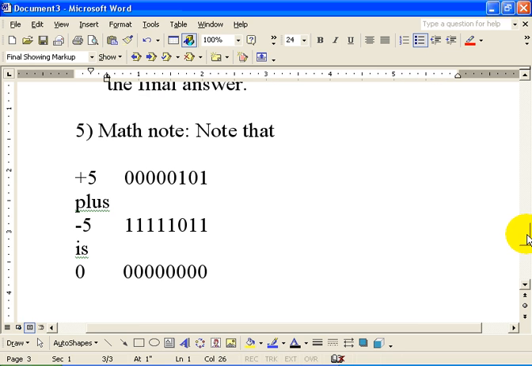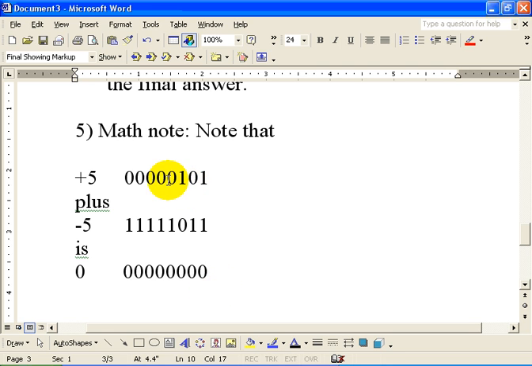Okay, as a final math note on this, just note that plus 5, which was this, if I add it to minus 5, let's try and do the arithmetic. 1 and 1 is 0, carry 1. 1 and 1 and 0 is 0, carry 1. 1 and 1 and 0 is 0, carry 1. 1 and 1 and 0 is 0, carry 1.